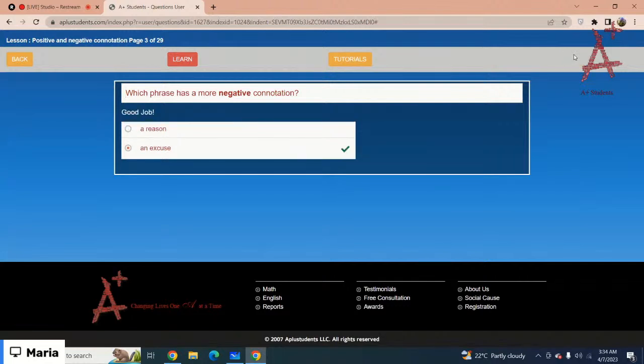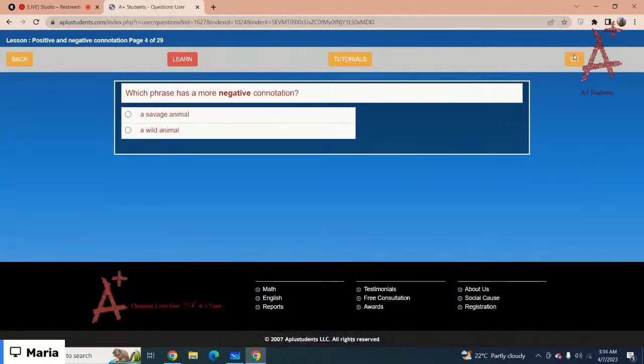Which phrase has a more negative connotation? A savage animal or a wild animal?